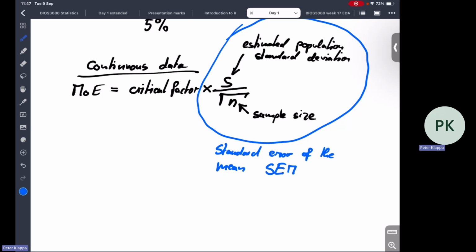Now, all we need to do now is to try and figure out what is this stupid critical factor. And this critical factor that we are looking at here is actually a number that includes our confidence level.